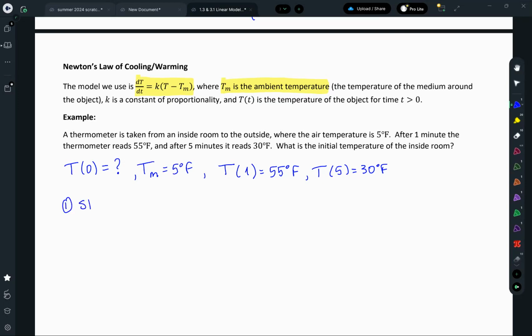So first we're going to start by solving the differential equation. Okay, so we have dT/dt is equal to k times T minus, and now T sub m, I know what that number is. I'm going to put it in.